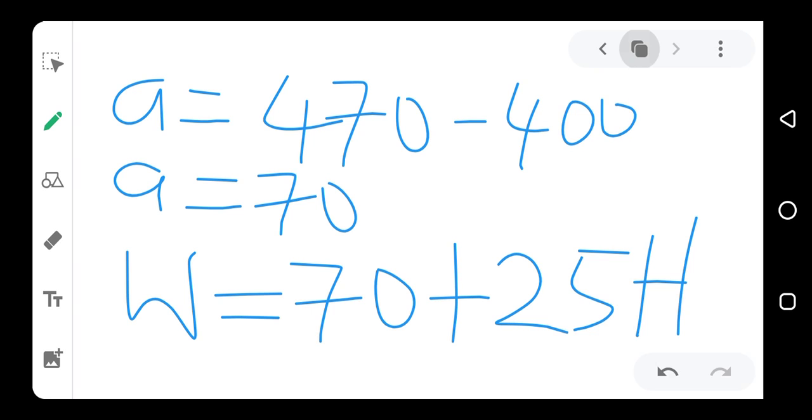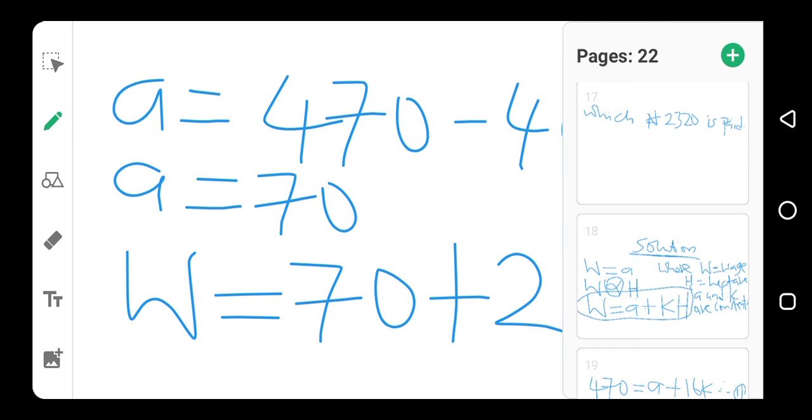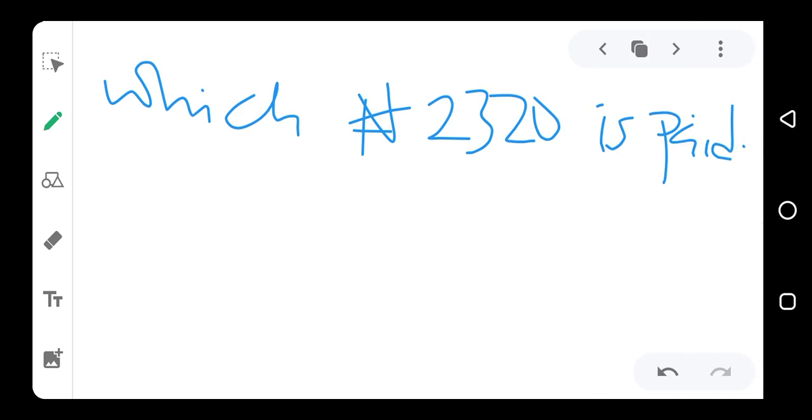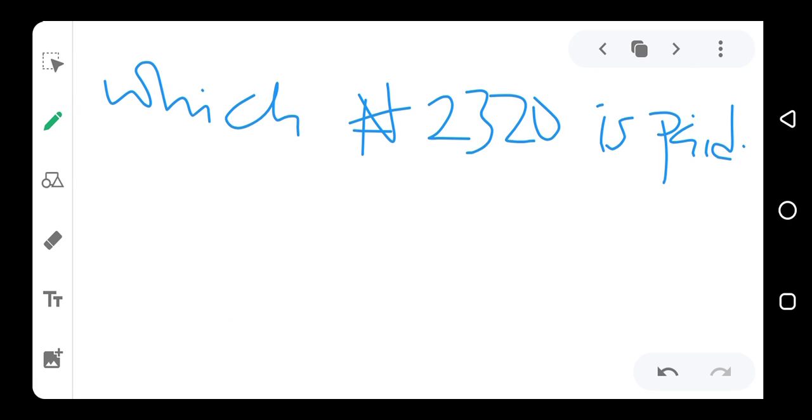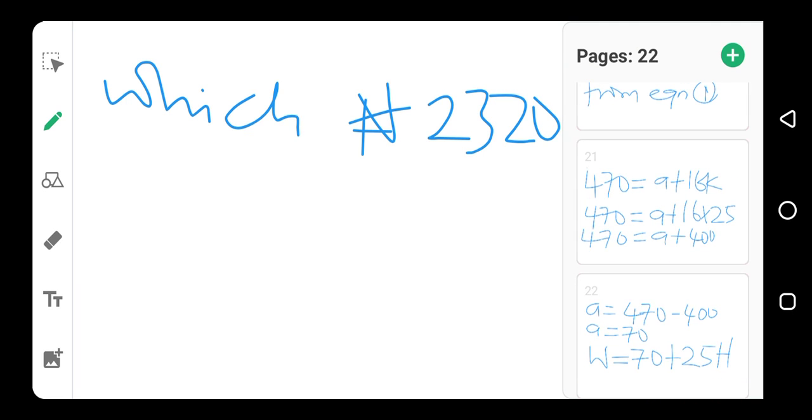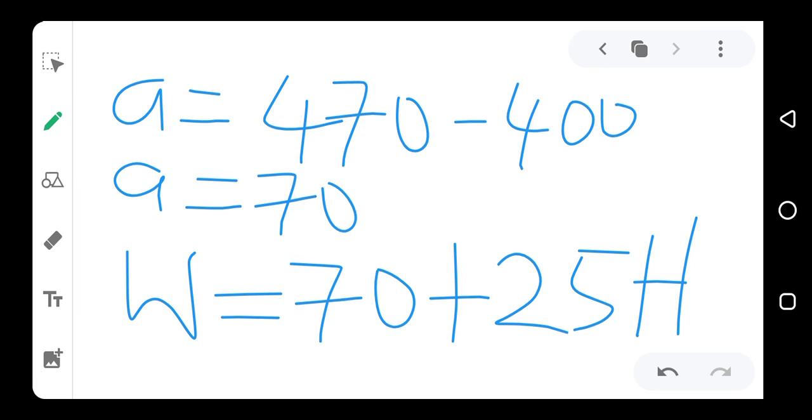Now, in this case, we are asked to find the hectares cleared for which 2,320 is paid. From this, we already know the wage as 2,320.